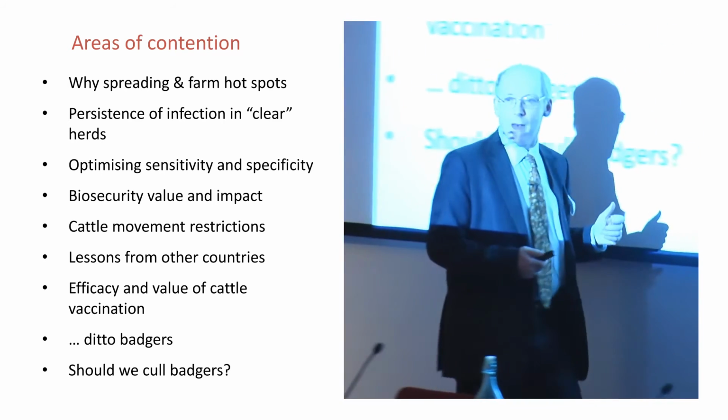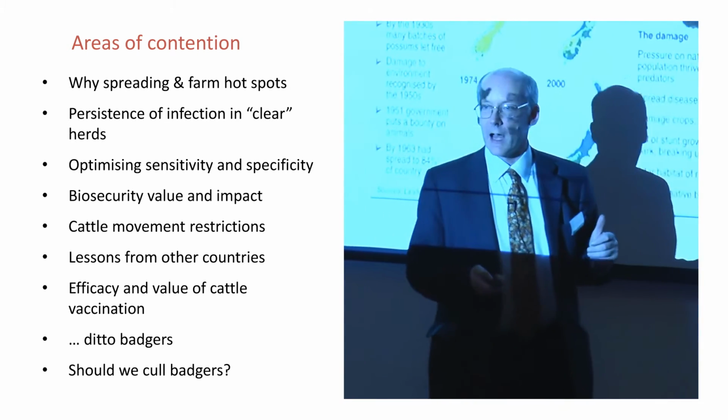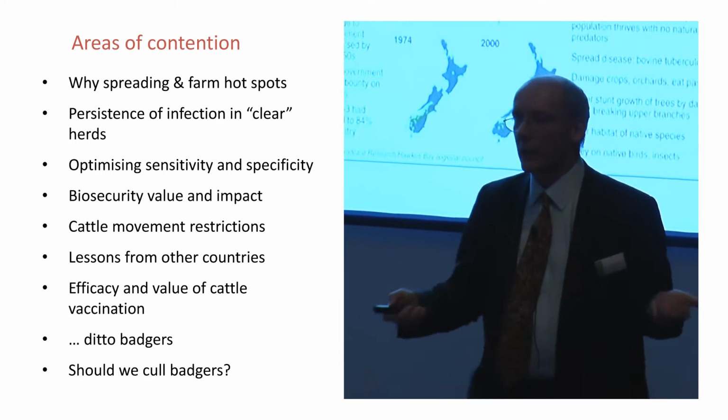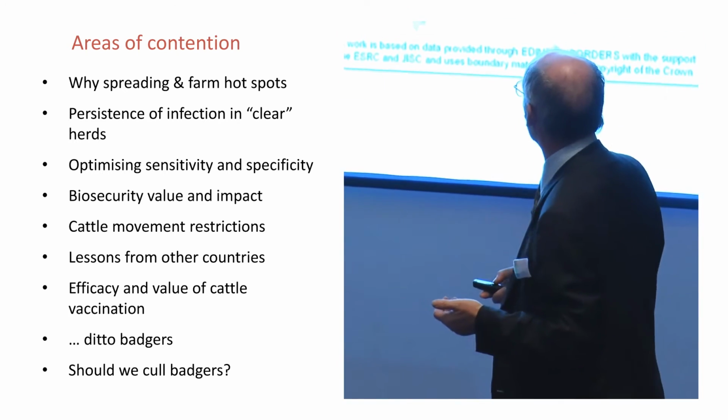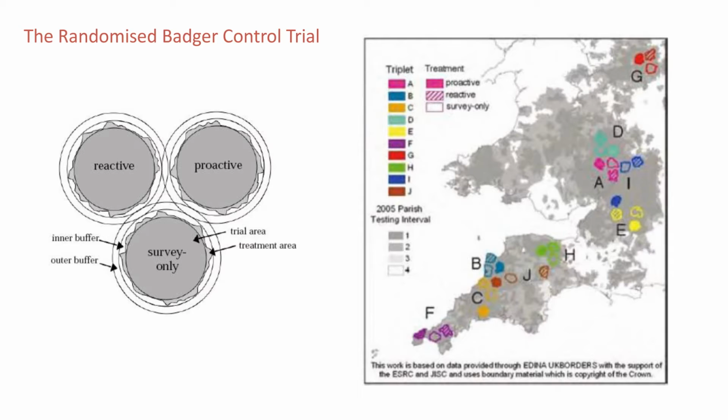We don't know enough about vaccination and how it works, either in cattle or badgers, and of course there's the big issue of whether we should cull badgers. And we've been worrying about this for a very long time.